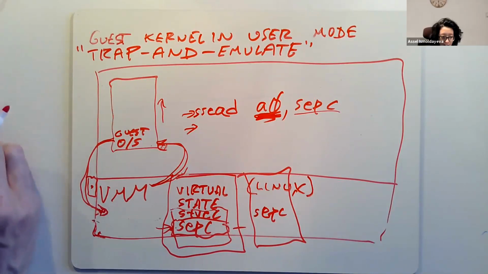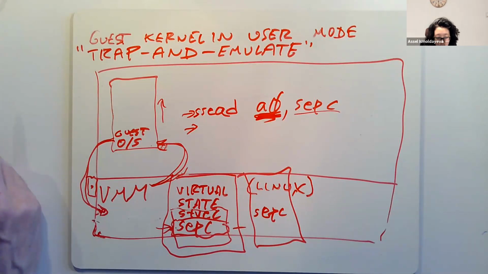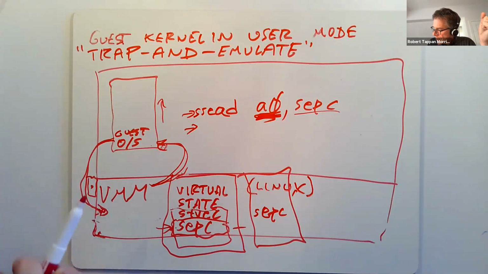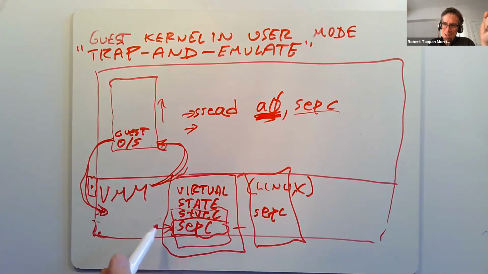So the guest operating system, some registers in the actual hardware will be the registers that the guest OS uses. So why do we not use the actual SCPC, but use a virtual one? The reason is that the virtual machine monitor needs to use the real registers.